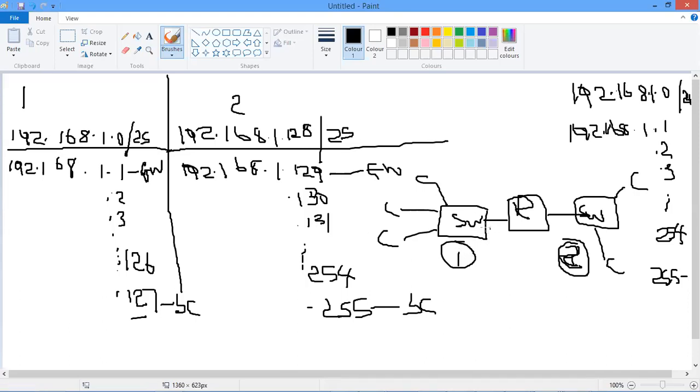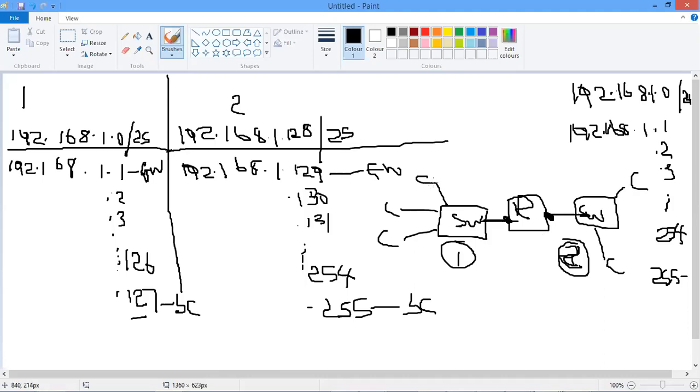So on network 1, what should be my gateway? This is the gateway. Here is the gateway to network 1. What should I put there as my IP address? I'm asking all of us. Yes, here is supposed to be 192.168.1.129, the first valid one.